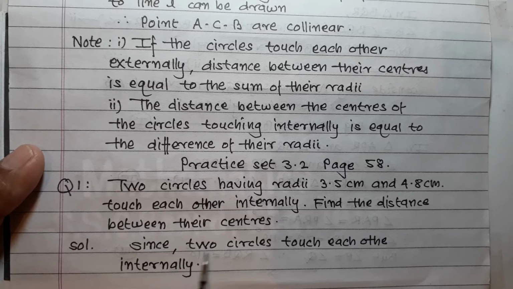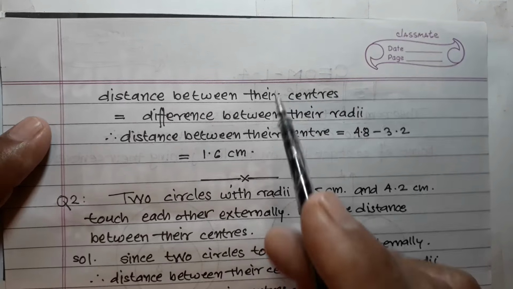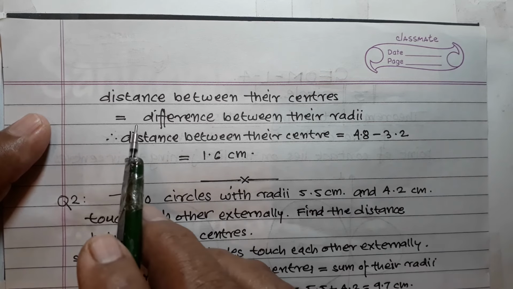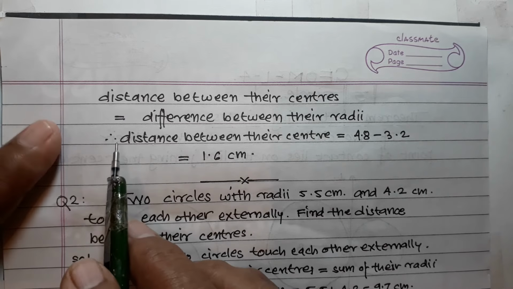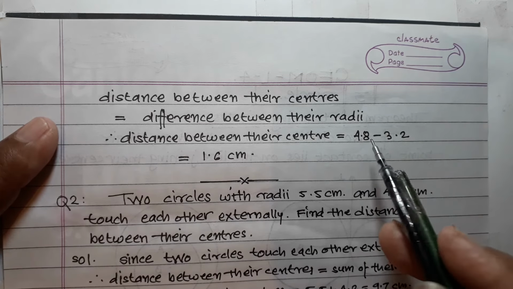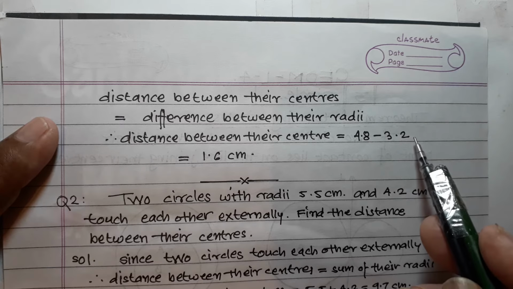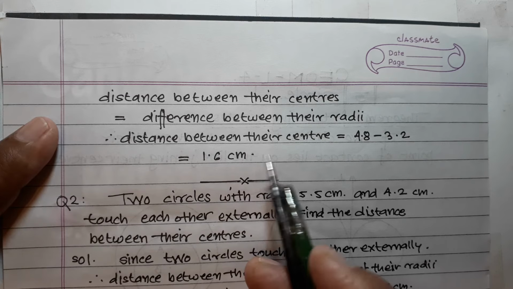Solution: since two circles touch each other internally, the distance between their centers is equal to the difference between their radii. Therefore the distance between their centers is 4.8 minus 3.5, which is equal to 1.3 centimeter.